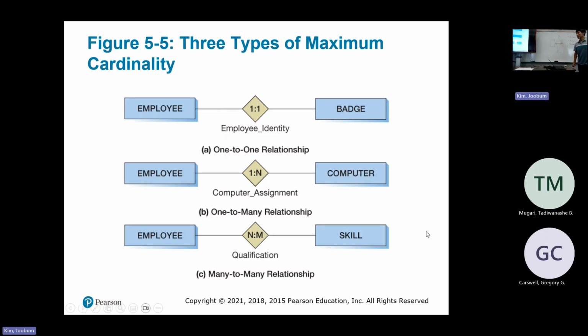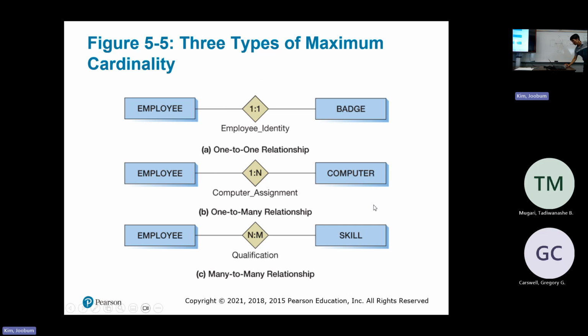This is another representation. Okay, so I'd like to show the different kinds of diagram, because when you take a look at an ER diagram somebody created, you have to be familiar with this. This is another representation of the ER diagram. The ER diagram can be different depending on who designed this system.